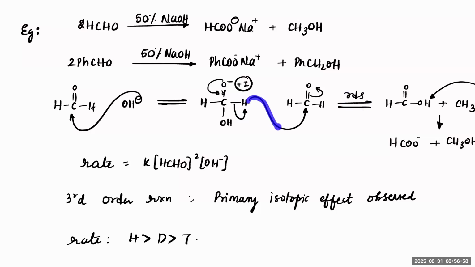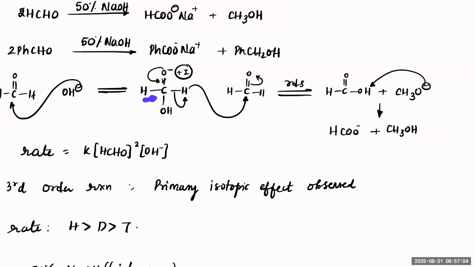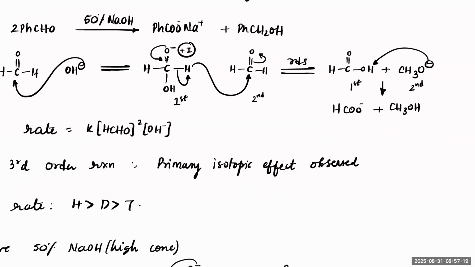So this H minus goes and combines with the second mole of the carbon, and therefore the first mole here, so this is the first mole, this is the second mole. The first mole is converting into an acidic group, the second mole is converting into an alcohol group.